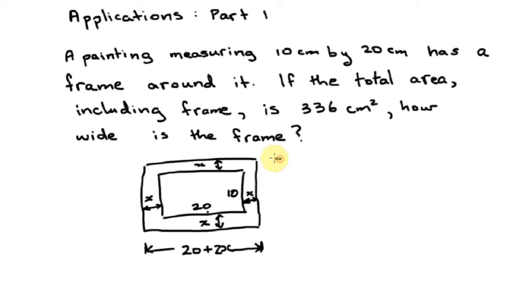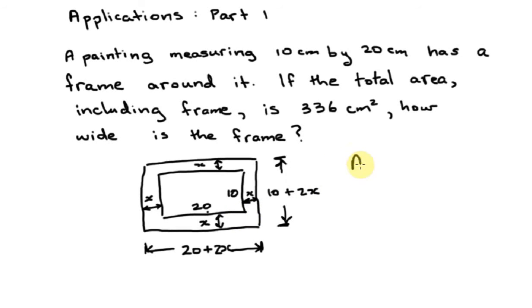And I'm going to do exactly the same thing for the distance on this side of the big rectangle. I think we've got 10 plus x plus this x over here, so this is 10 plus 2x. So I have an expression for the base and the height of the entire big rectangle, which is painting and frame put together.